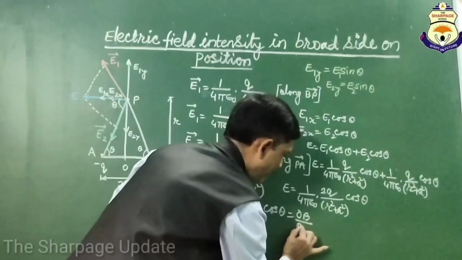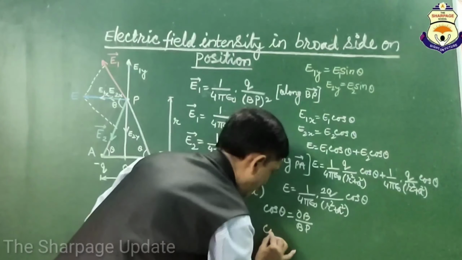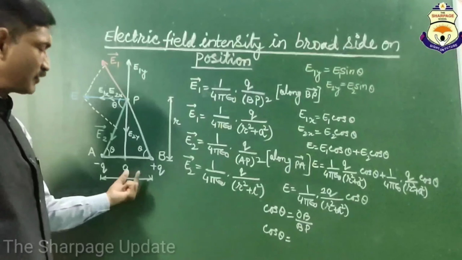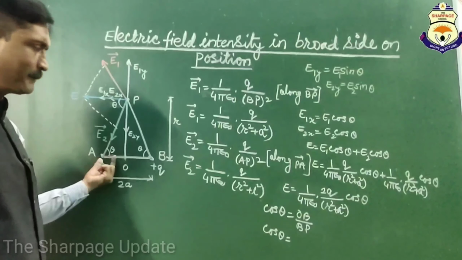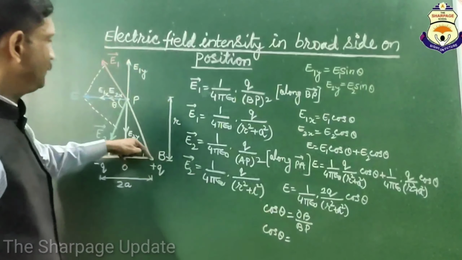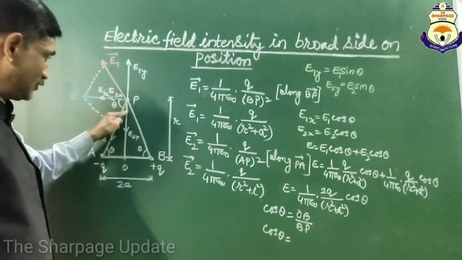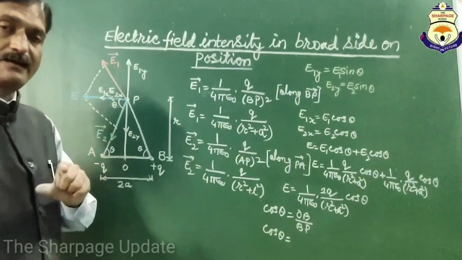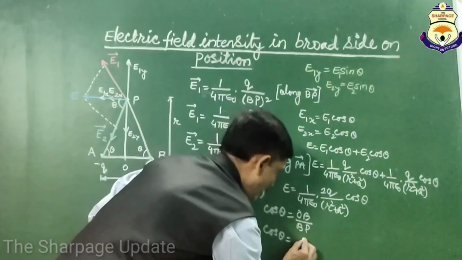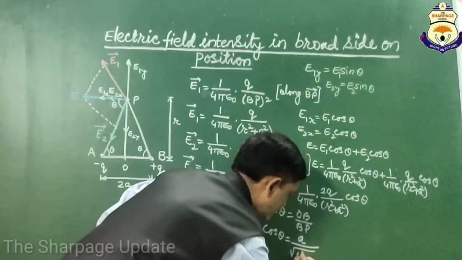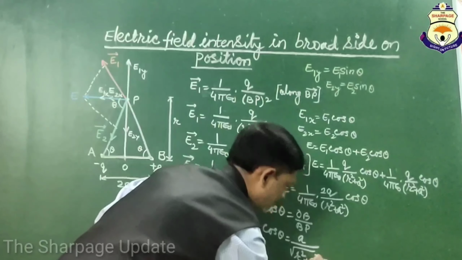By this figure, OB is a because O is the midpoint of axis AB, and BP is square root of r square plus a square by using Pythagoras theorem in this right angle triangle. So a upon square root of r square plus a square.